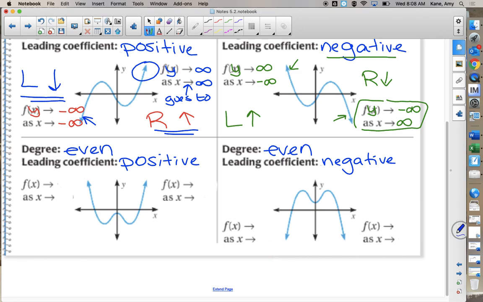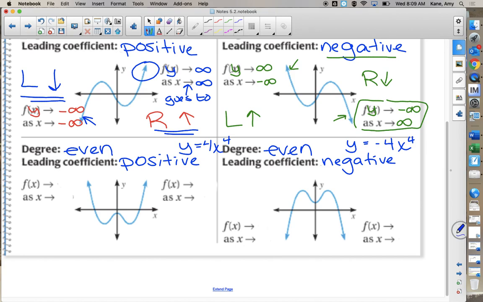So the graph that you see here is an example of a quartic graph. And notice with even powers, they're going to do the same. So even powers, they either both go up together or they both go down together. And that was our parabolas.